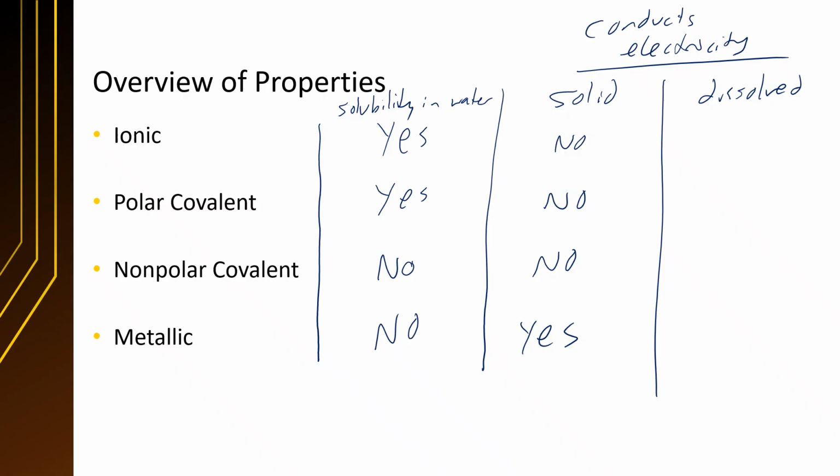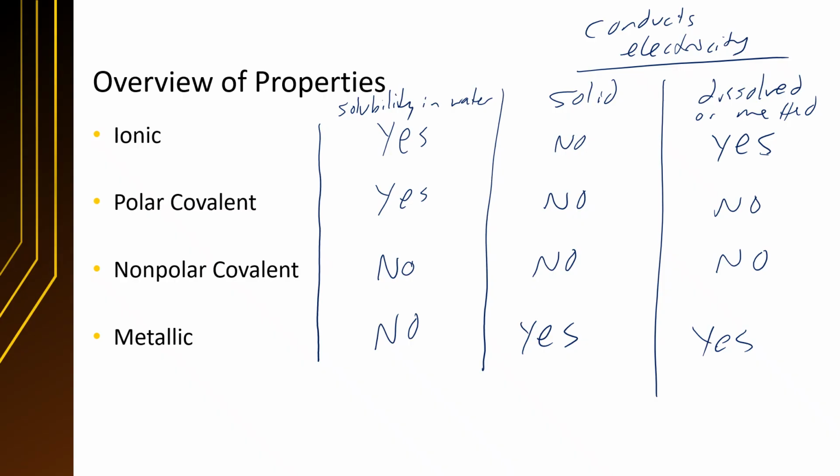But once it's dissolved or melted, then ionic compounds can conduct electricity. But polar covalent and nonpolar covalent still cannot. Metallic will depend more on the situation. Like if you melt a metal, it typically can still conduct electricity.